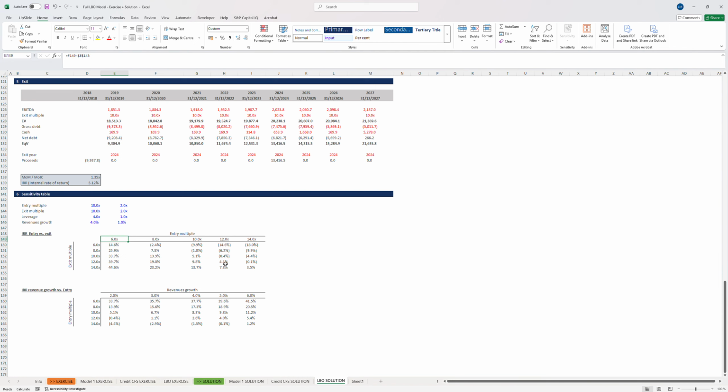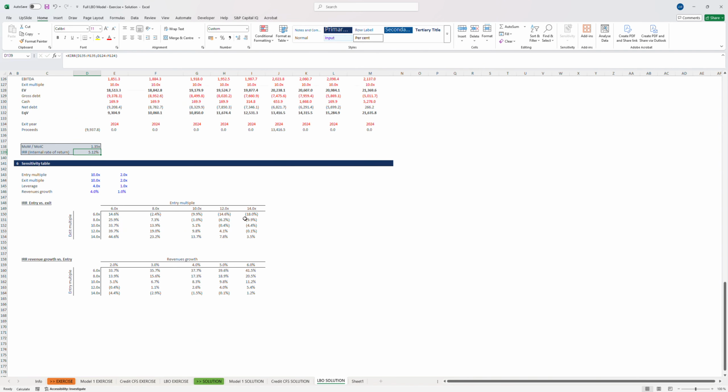For example, here you have one that changes your entry multiple and your exit multiple, and gives you your IRR as a function of that. And this one has the revenue growth and then your entry multiple. Every time, you have to have something that is linked, and I will let you play with this. If you have any question, you can put them in the comments.